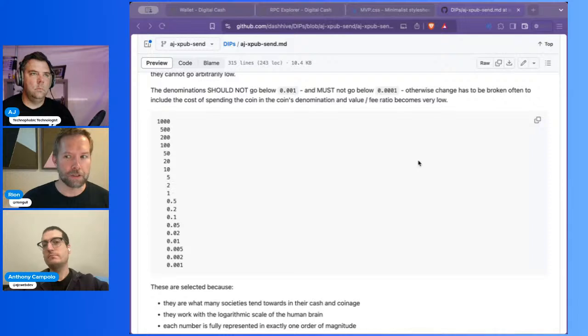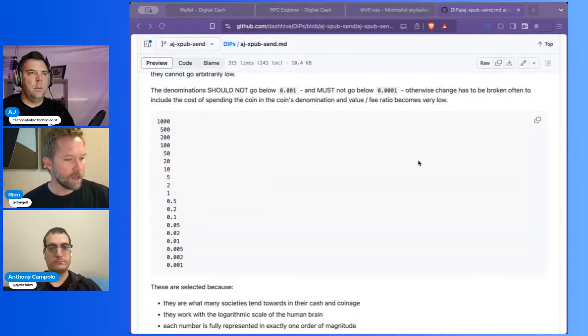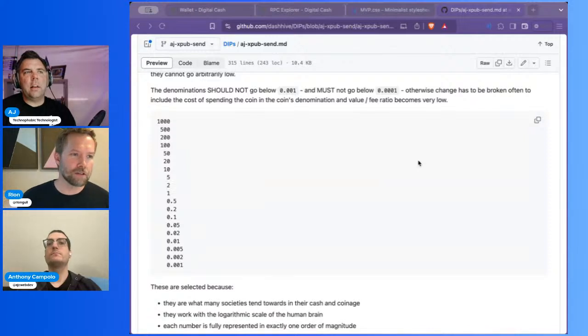We have done those dips, but the first step towards this is increasing the number of denominations for coin joins. I disagree that that's the first step, because you can implement the dip without ever touching anything in that layer of the code.